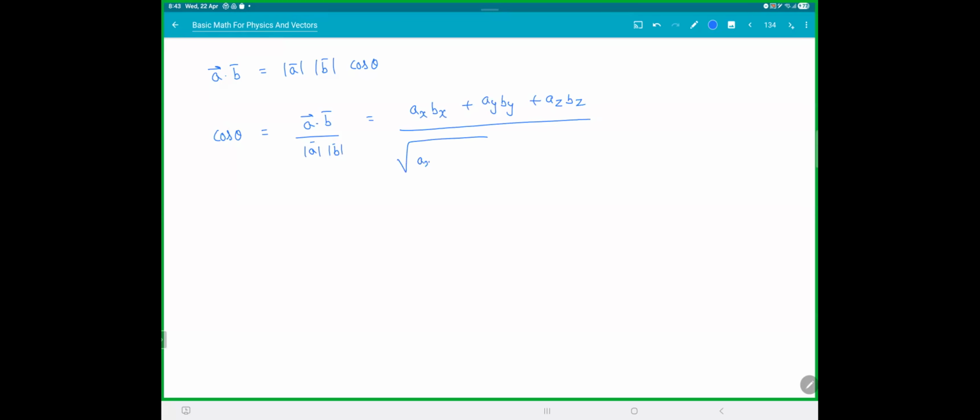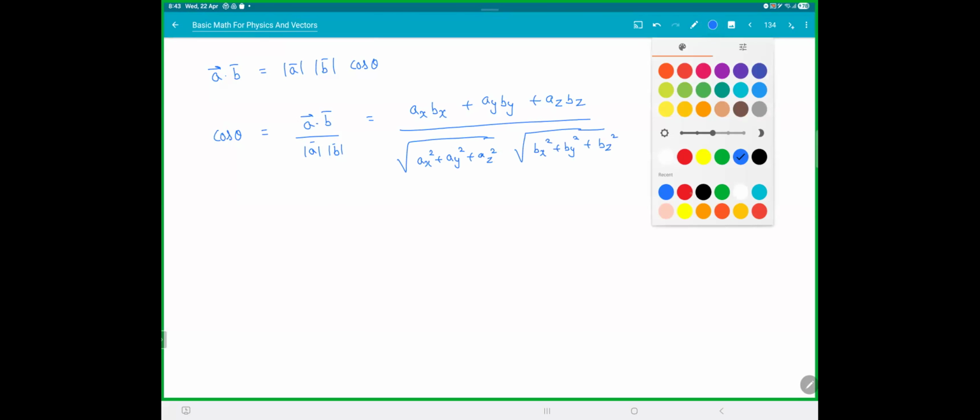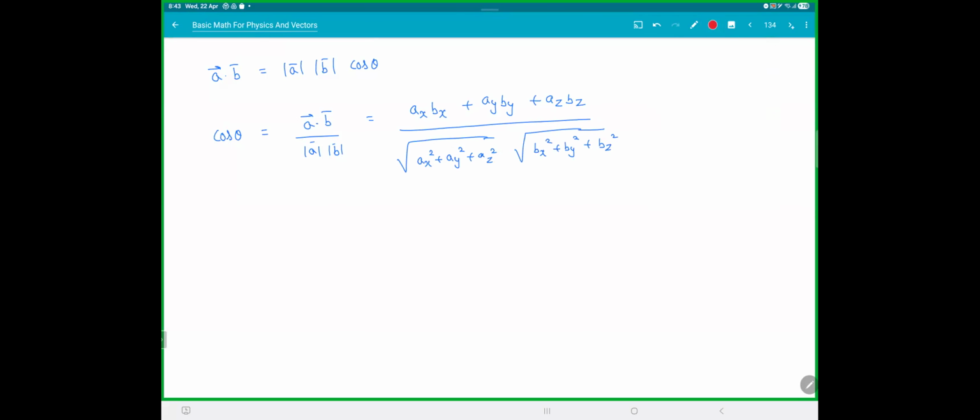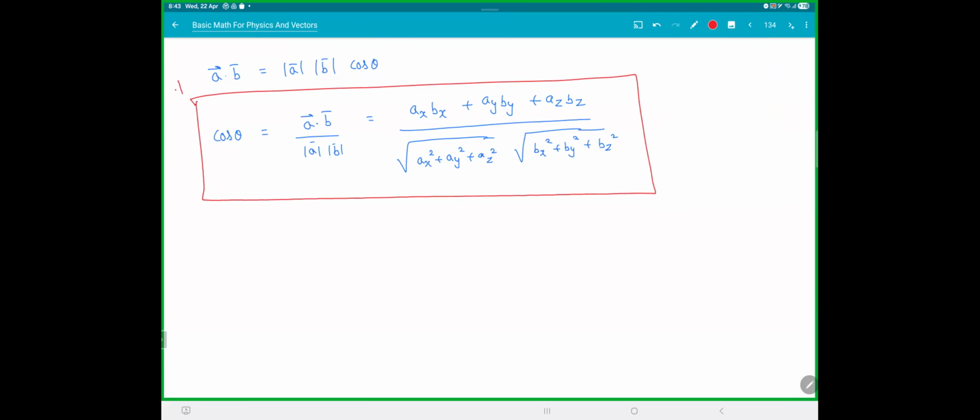Root over AX square plus AY square plus AZ square. And what is mod B? Root over BX square plus BY square plus BZ square. There. This is how you can get the angle between two vectors if I know A bar and B bar. That would be one of the major uses for this.